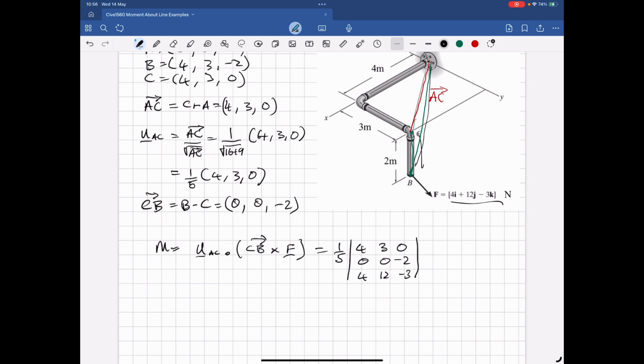There's various ways to expand this. Let's expand on this second row because there's only one entry there, so it's going to be plus, minus, plus, minus, plus, minus, so it's minus minus 2, multiplied by the determinant of 4, 3, 4, 12, which is equal to 2 times 48 minus 12.